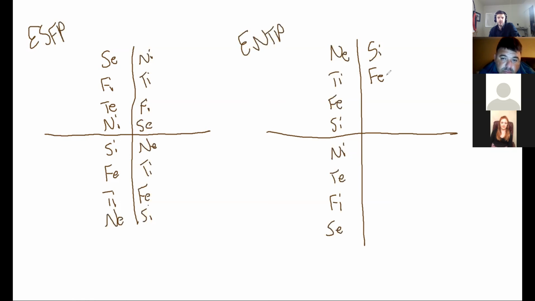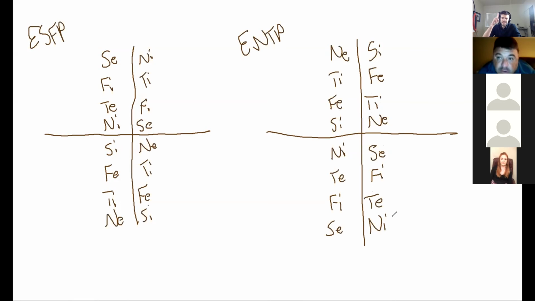What's the relationship between these two types? Can anyone tell me? Go ahead and give a guess. It's all good. They're both starters. They are each other's superegos. Yes, they are each other's superegos, and they also are starters, so both answers are technically correct. But they are each other's superego.